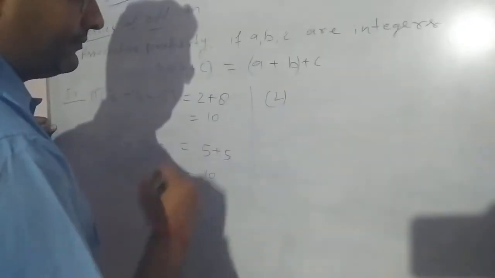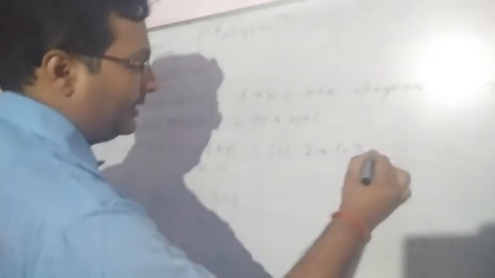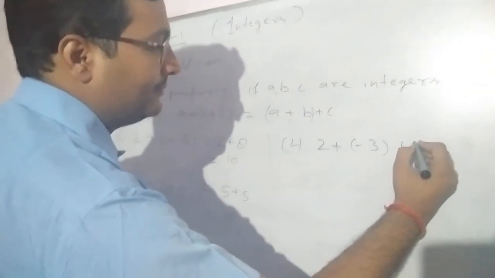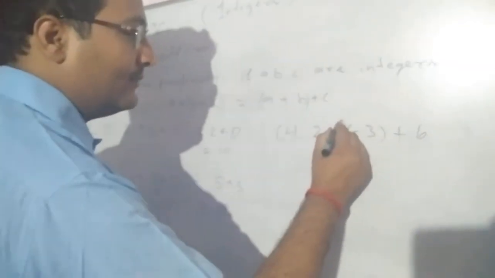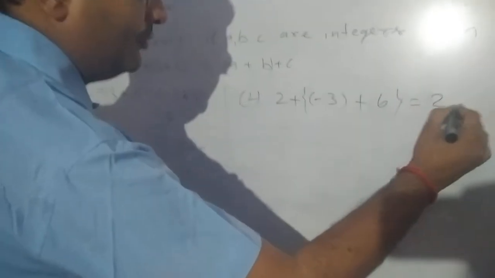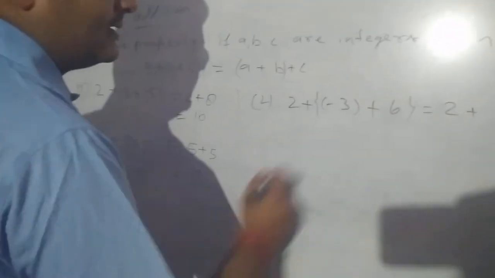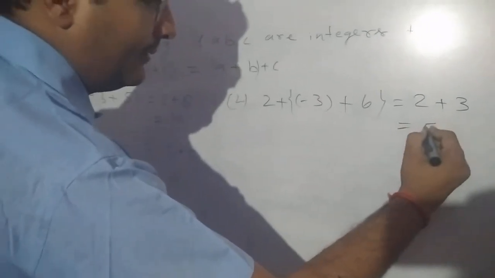This is the second example. You can see, if I am taking here 2 plus minus 3 plus 6, and now I want to take this 2 in one group. First, minus 3 plus 6 is 3, and 2 plus 3 is 5.